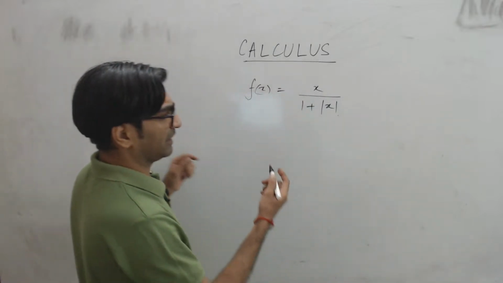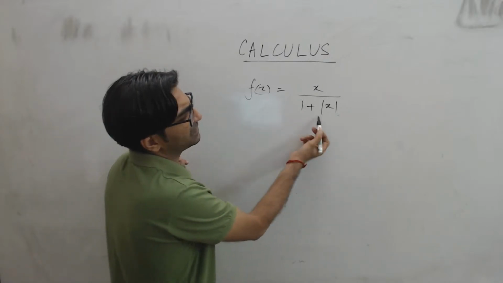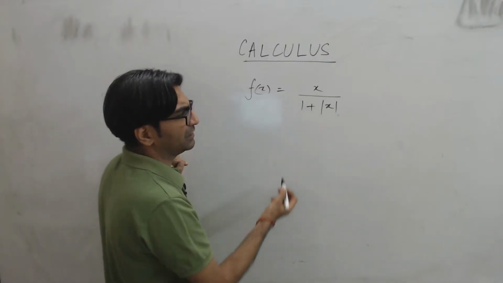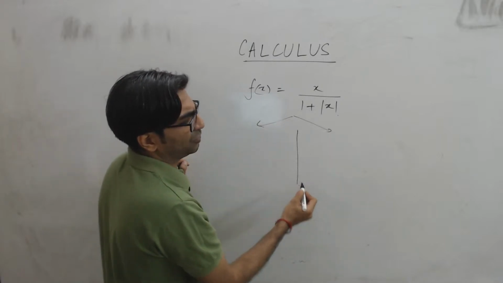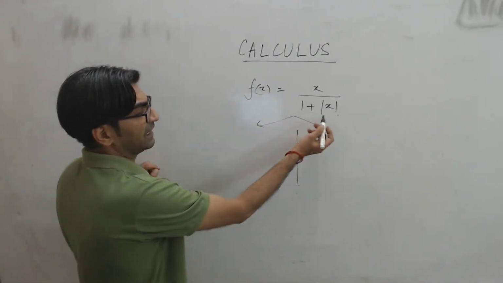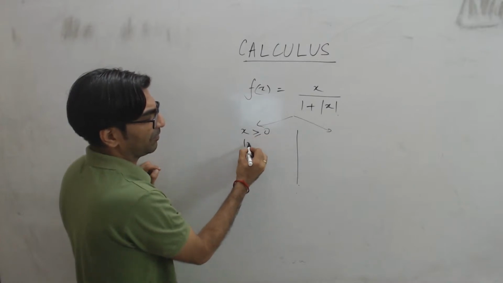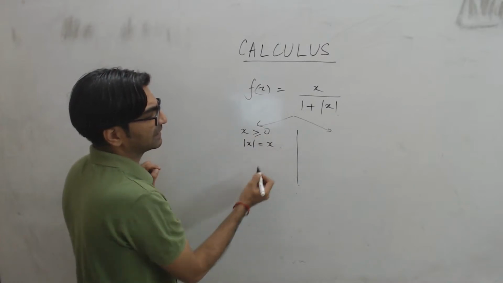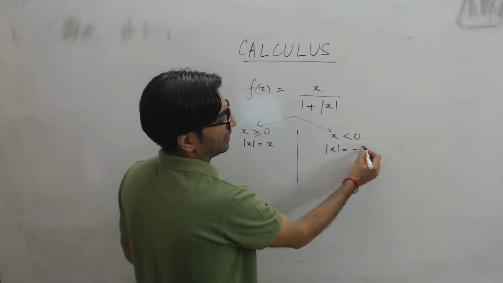But an easier approach is to ask, if I can somehow remove the modulus, how would that happen? The function would split into two expressions depending on what happens to the modulus. The modulus behaves like this: when x is positive, the value of mod x is plus x, and when x is negative, the value of mod x is negative of x, right?